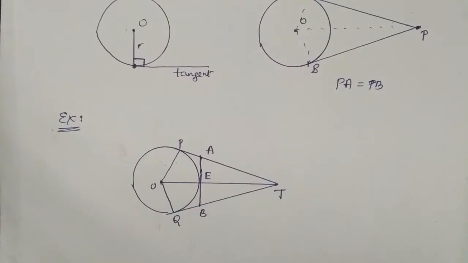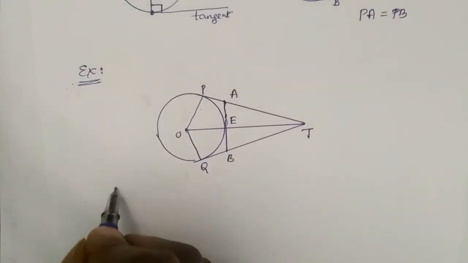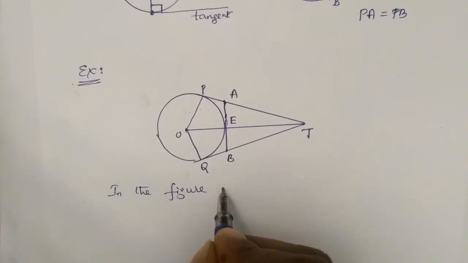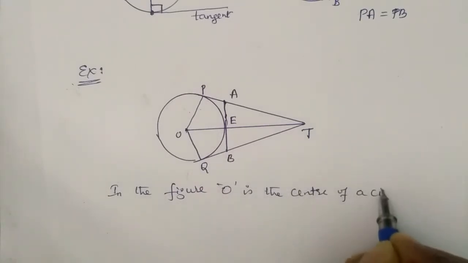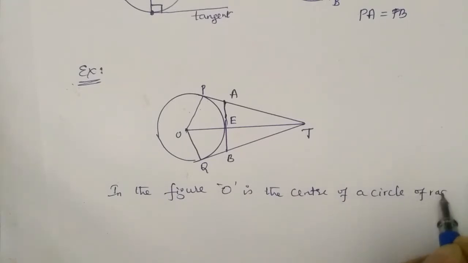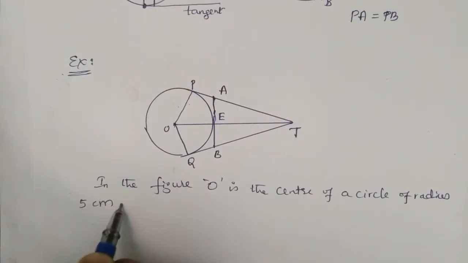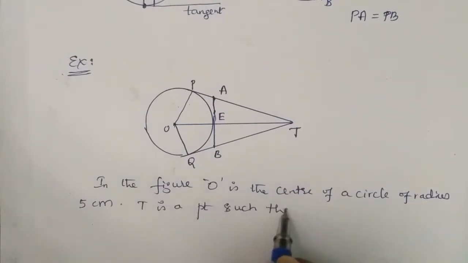So this is the given problem figure. The question is as follows. In the figure, O is the center of a circle of radius 5 centimeter. T is a point such that OT equals 13 centimeter.